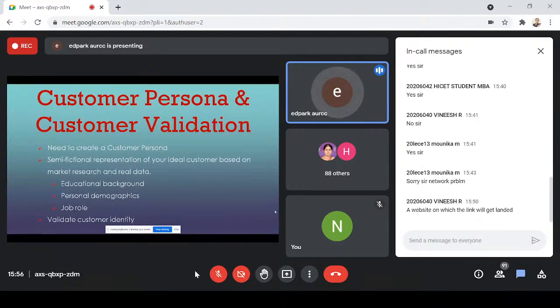And as I said earlier, for a landing page, a customer persona and customer validation, what I can suggest is, if you are not well versed with creating a landing page on Instagram or Facebook, you can semi-fictionally represent an individual. For example, as said by Mr. Surya, sir, the quality of a product in a Hamleys toy shop is good, and the maximum we can reach is 20,000 rupees.